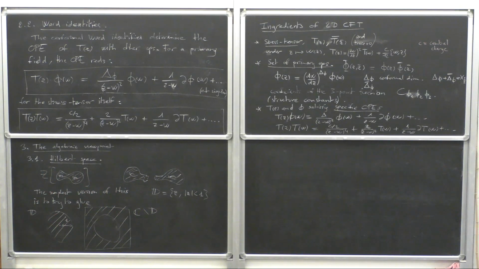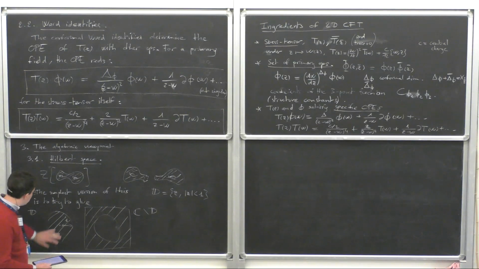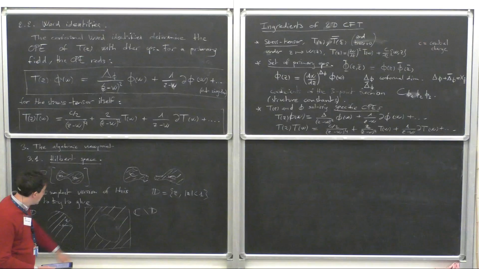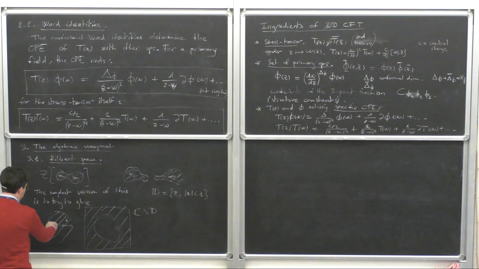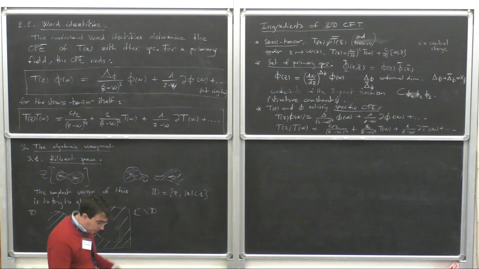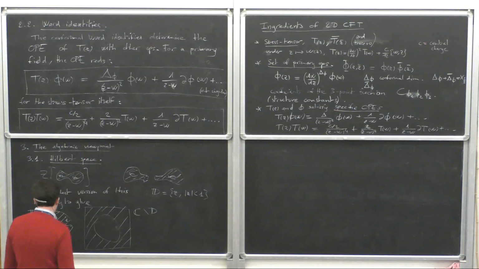Okay, so we would like to look at a piece of the plane like this and the complement and be able to glue them together. We would like to be able to do this. So of course the partition function on the full complex plane, that's just by definition 1, so there's nothing to say.